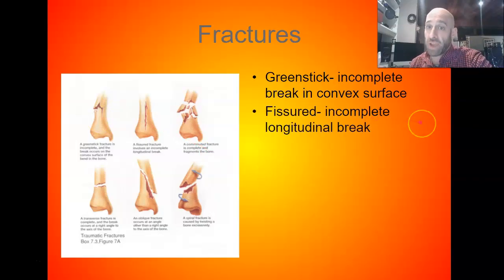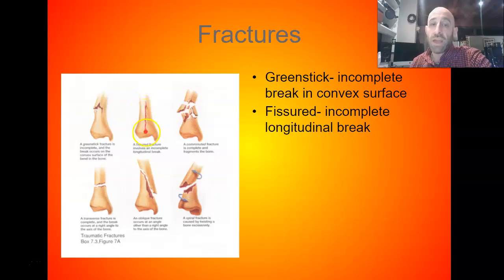A fissured fracture, on the other hand, is one that a lot of you have probably experienced, also called a stress fracture. A stress fracture usually occurs because of some impact or stress on the bone, and that is going to be an incomplete break, meaning it doesn't break completely through the bone, on the longitudinal. What that means is up and down.